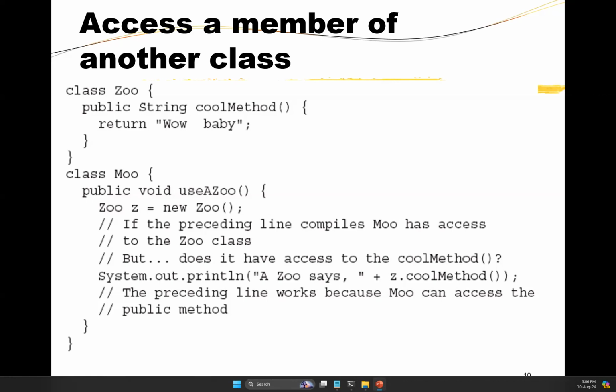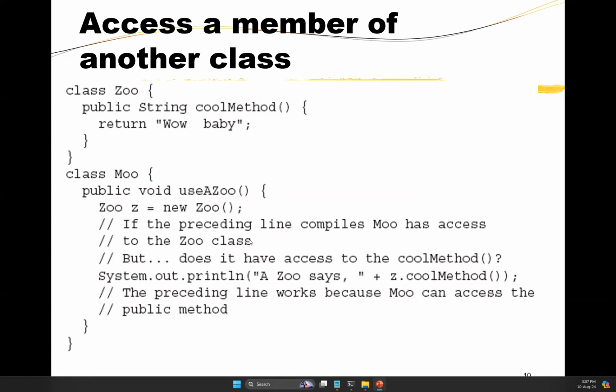Since it is default access in the same package, yes, it can access. Therefore, Move can create an object of the Sue class because Move has access to Sue. And the cool method inside Sue has public access. Even if it were not public, it could access it because of the default access. Therefore, this will print Sue says wow baby.